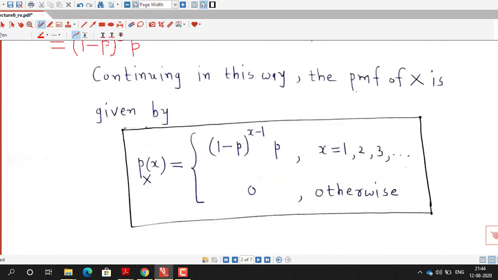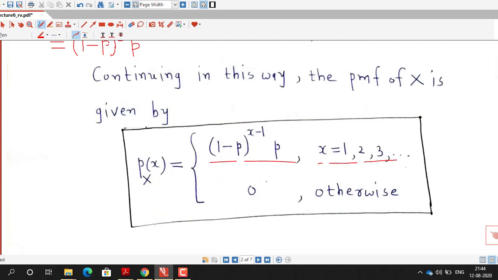So we can say that the PMF of x is given by (1 minus p) raised to x minus 1 into p for each x equal to 1, 2, 3, and so on, and for values which the random variable is not taking, if x is any value different from these natural numbers, then p of x is 0.